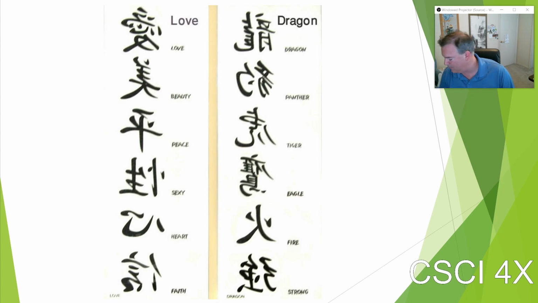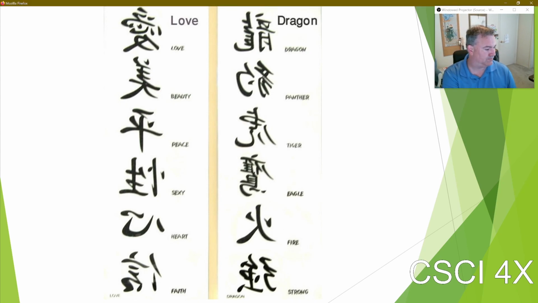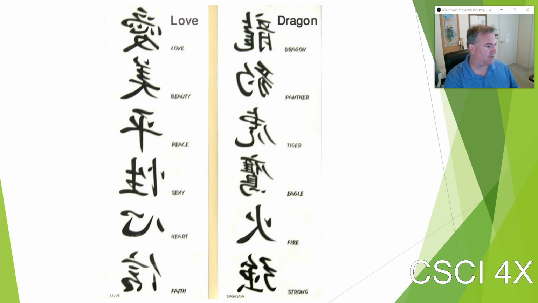Is that you can look up the genealogy of a character, and so some Chinese characters are pictures of the things they're supposed to represent. Like you can all see that for fire, right? Is that not unreasonable? You guys see that? You guys see fire there?